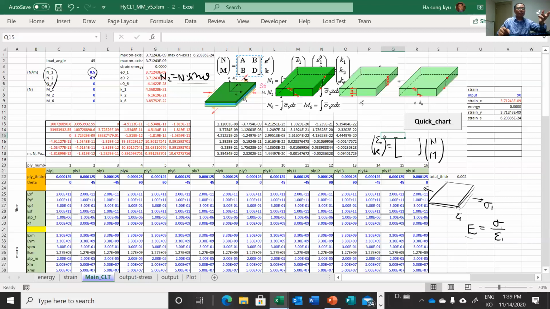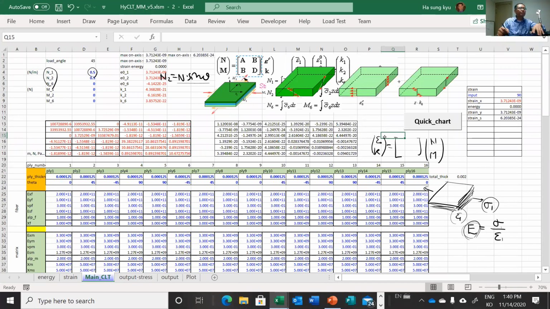So that is the stiffness. So how do we calculate the equivalent stiffness of this layered laminate? Even though this is a laminate, we can calculate an equivalent stiffness and how much strain we have.